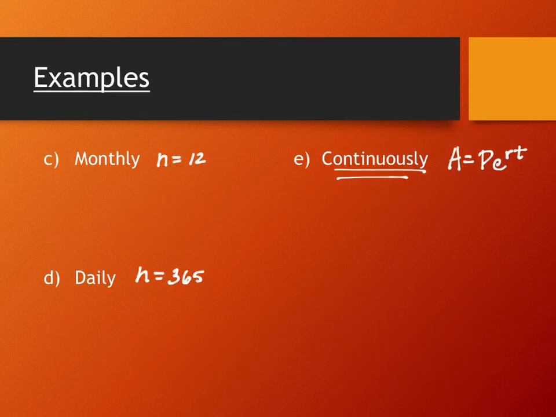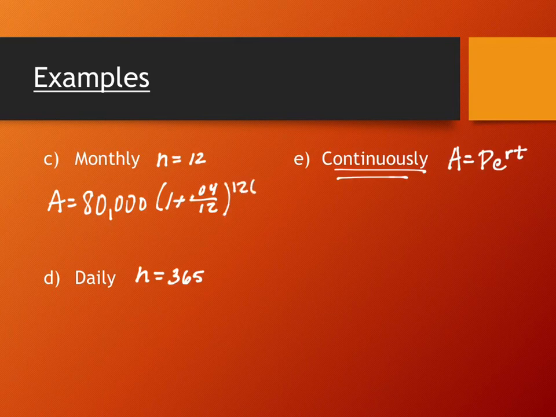Okay, so the monthly and the daily work exactly the same way. We will simply change our n value. So I have 80,000, 1 plus 0.04, but it's divided by 12, raised to the 12 times 20. 12 times 20 is 240. That's how I would enter it.